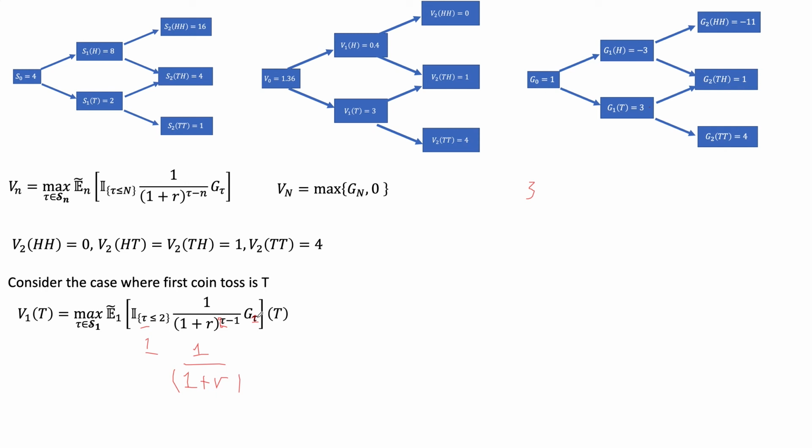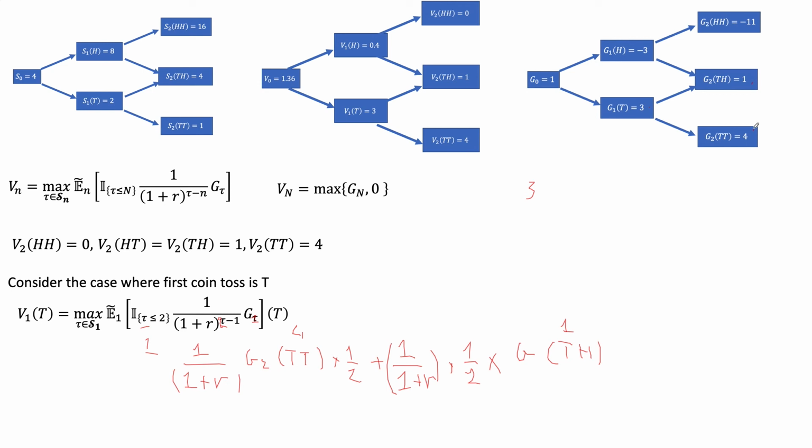So if we exit at time 2, so J2, we can have a case where we have T, and then we multiply by 1 over 2, plus the other case, where we discount by 1 plus R, and multiply by the probability 1 over 2, and J_TH. So in this case J_TT is basically 4, and this is 1.